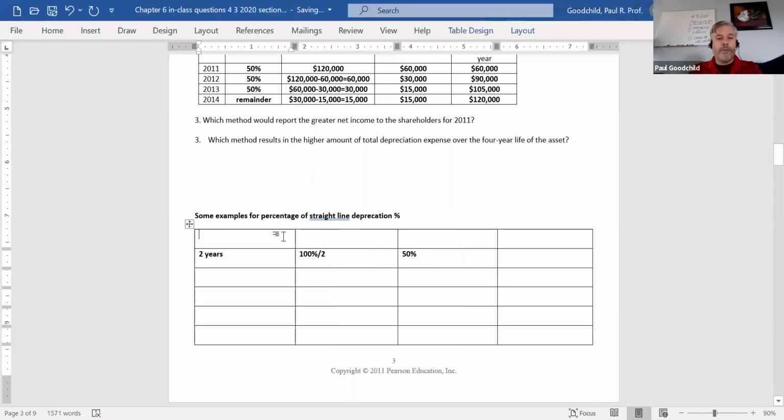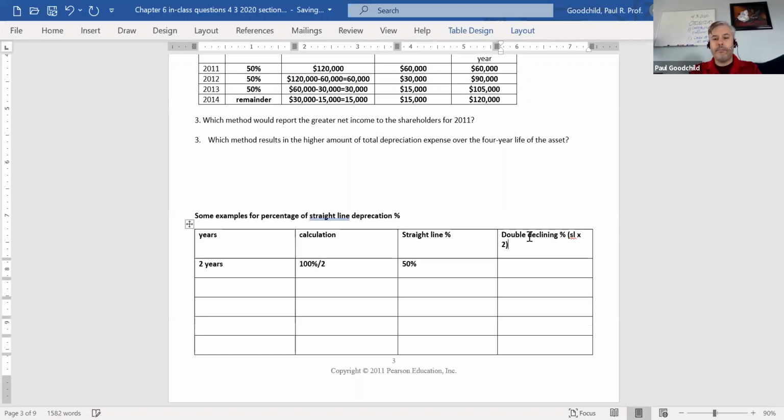Okay, so years, calculation, straight line percentage, double declining percentage, which should be SL times 2.